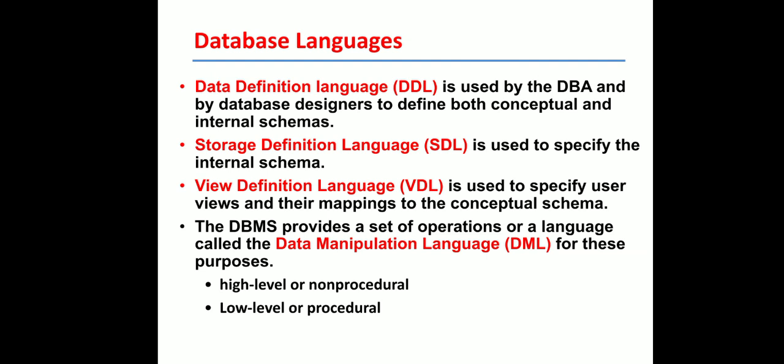The conceptual schema identifies the constraints and specifies the data types for a particular database. Then the second type of language is storage definition language. It specifies the internal schema of your database, how the database is stored on your secondary storage.